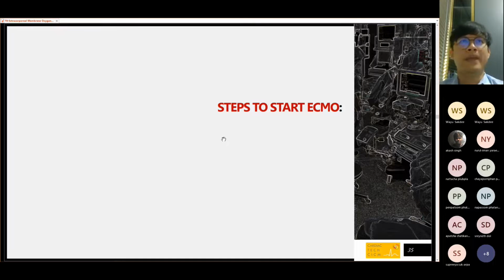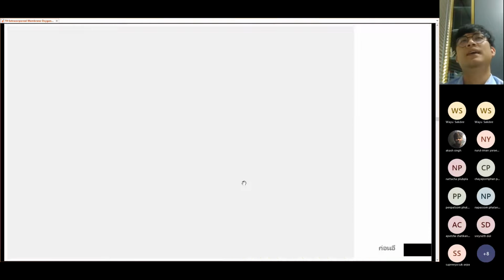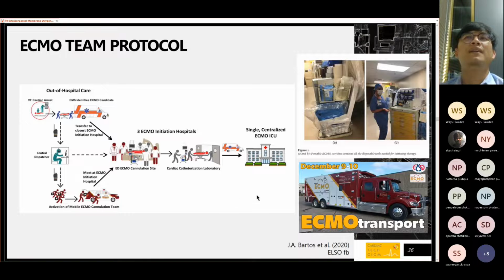So now we know the main components, right? We know the devices that we use to assemble and make up the circuit. So what are the steps to start the ECMO?